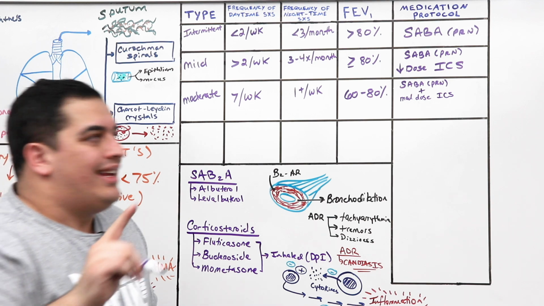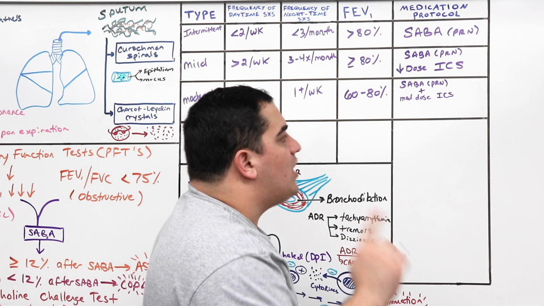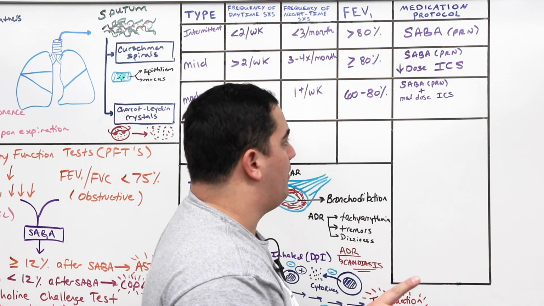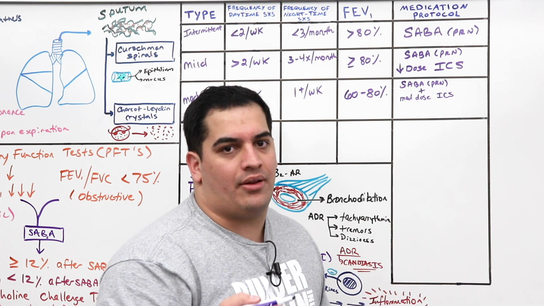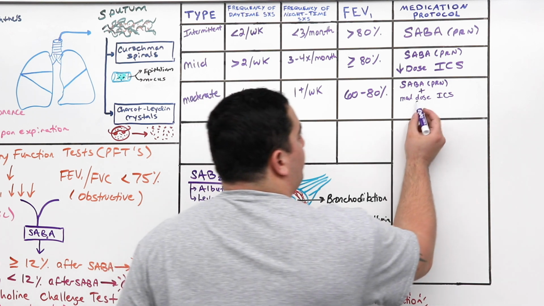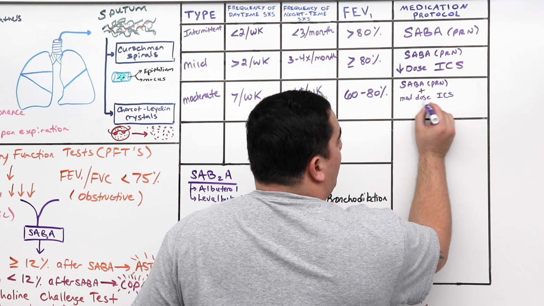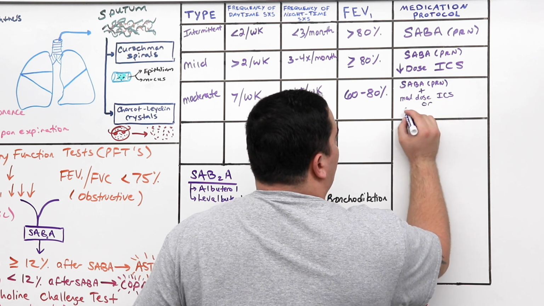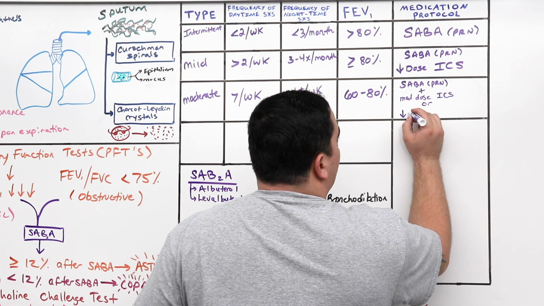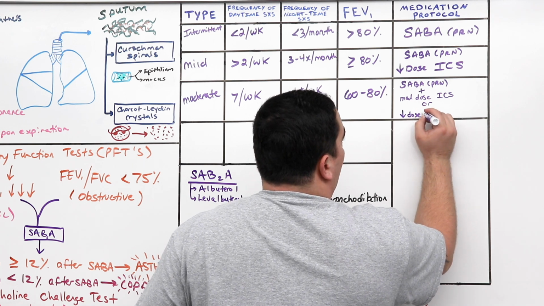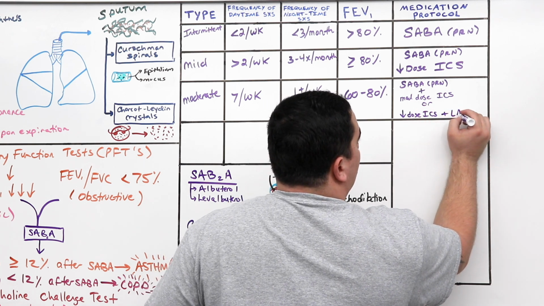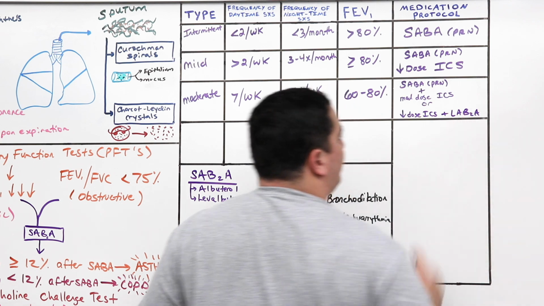Now, sometimes, you don't always do this one, but you can give another option. Instead of giving a medium dose, you can do a low dose inhaled corticosteroid plus a LABA.